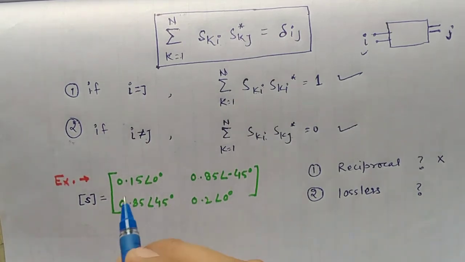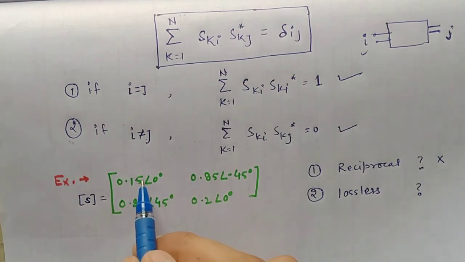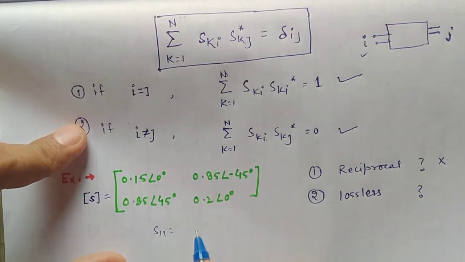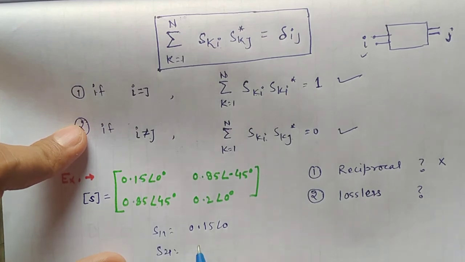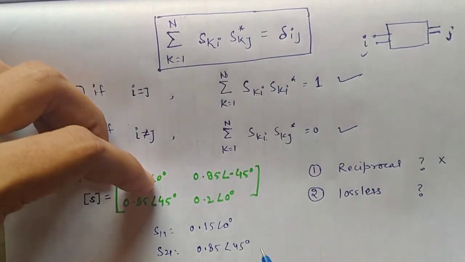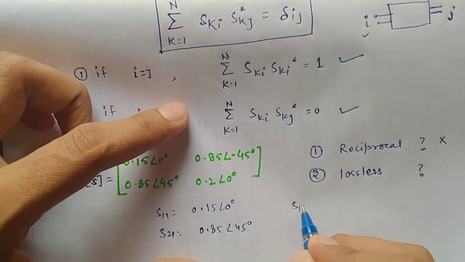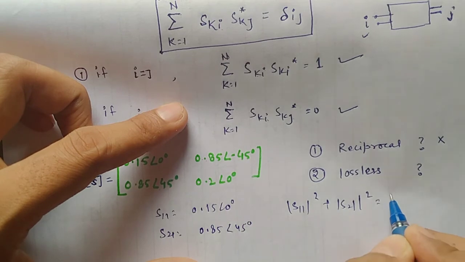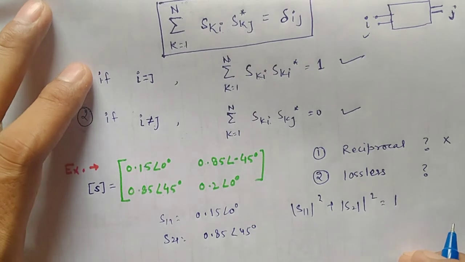Another one is the lossless condition. I will take the first column. There are two terms: first one is S11 which is 0.15 angle 0 degrees, and S21 which is 0.85 angle 45 degrees. I should multiply each with its conjugate. If I take the conjugate and mod square, S11 square plus S21 square should be equal to 1. If it is not equal to 1, clearly I can say the network is lossy, not lossless.